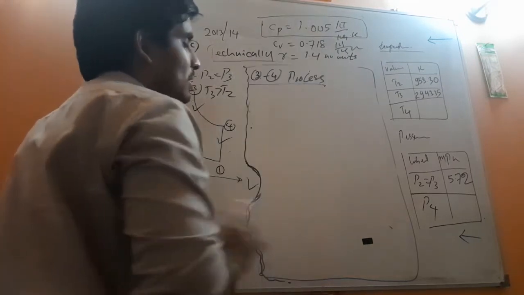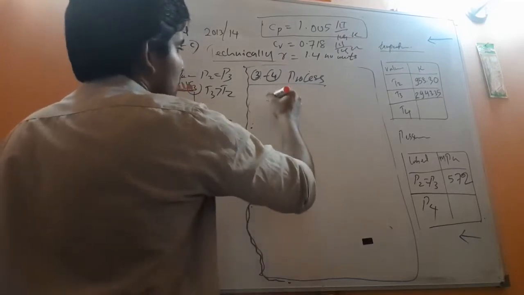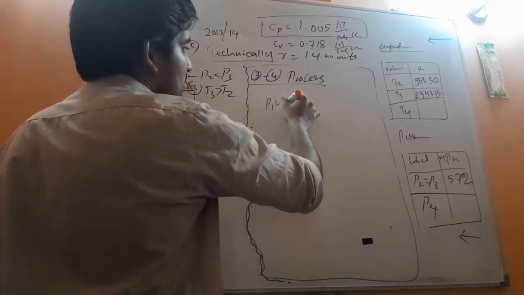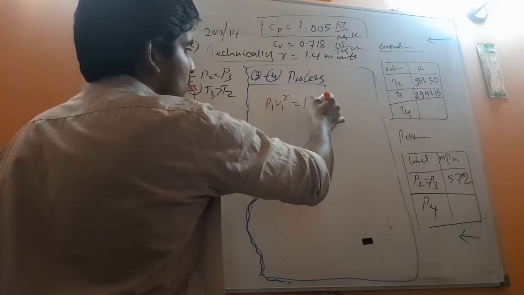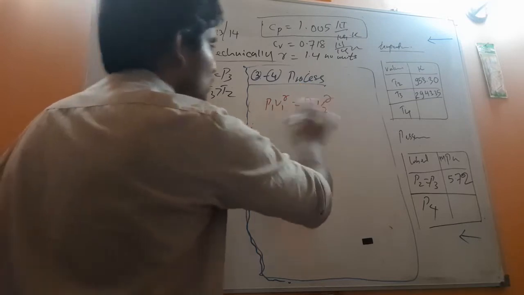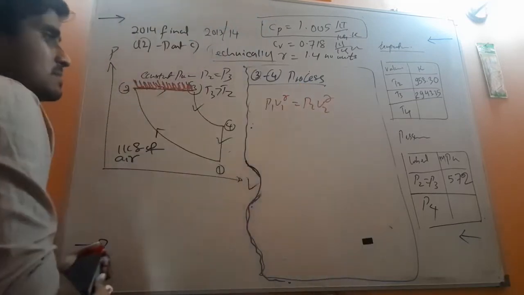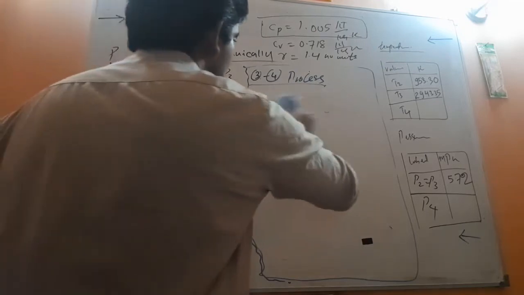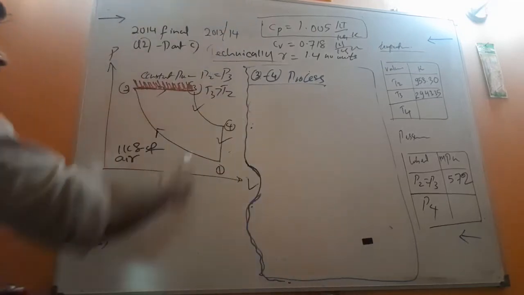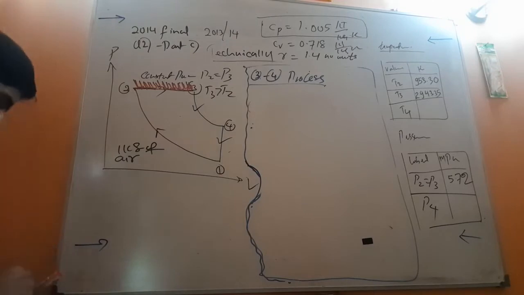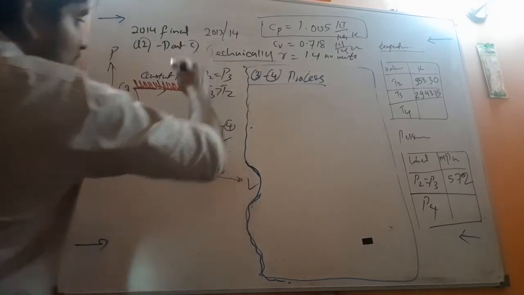How many equations do we know so far? P1 V1 to the power gamma equals P2 V2 to the power gamma, but now don't use the suffixes 1 and 2, because now we have the adiabatic process from 3 to 4.